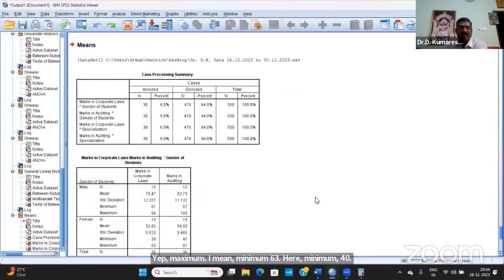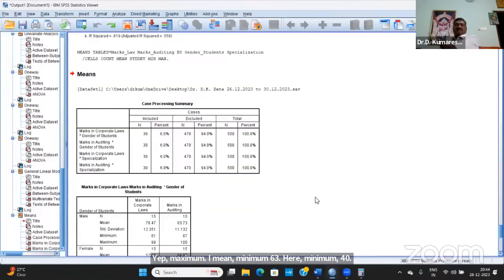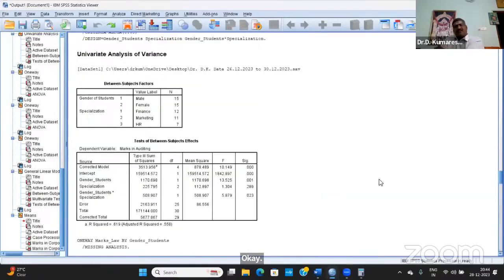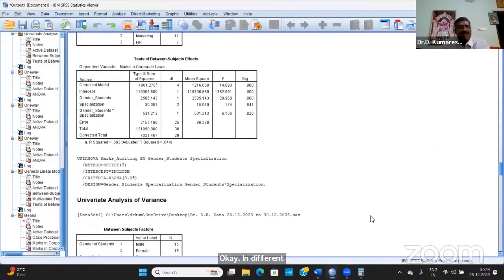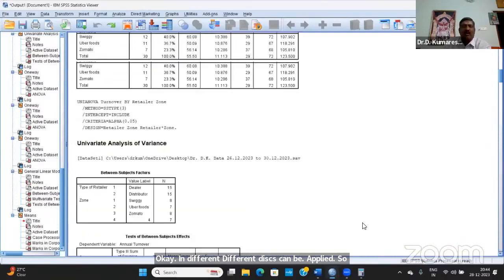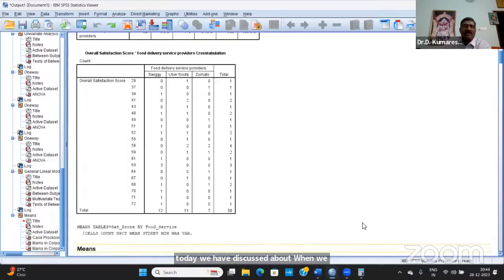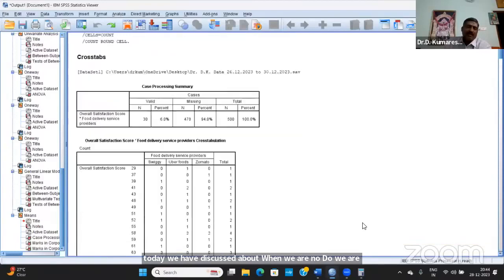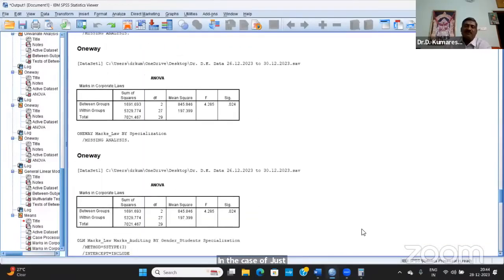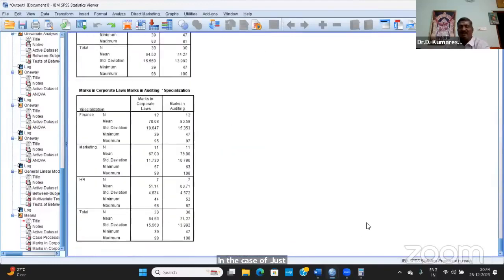Likewise, we can compare in different manners. Different tests can be applied. So today we have discussed one-way ANOVA, two-way ANOVA, and MANOVA. In the case of ANOVA, just a recap: one dependent variable, one independent variable.